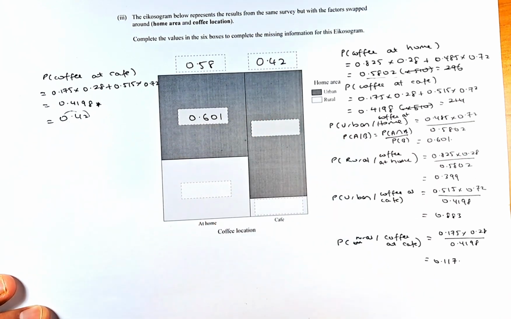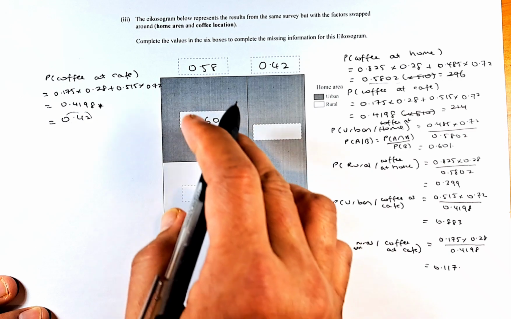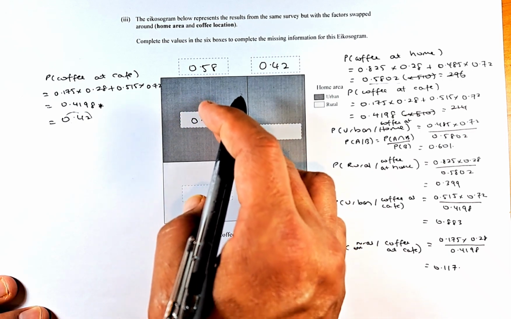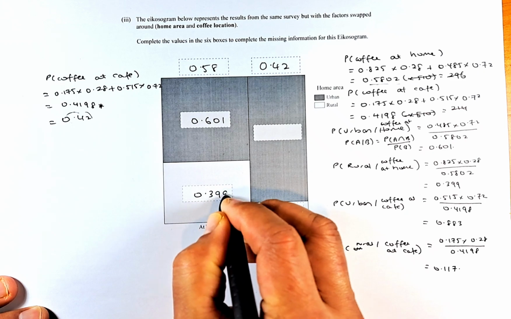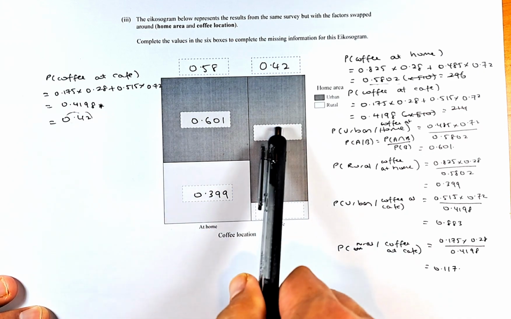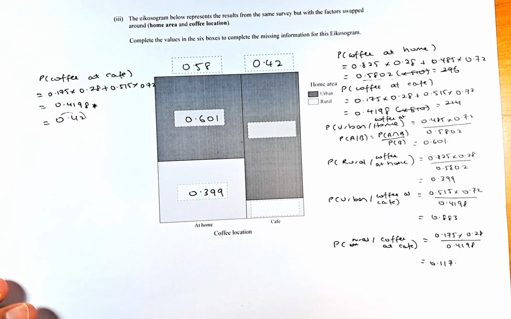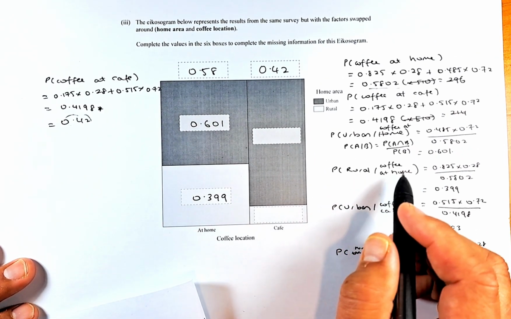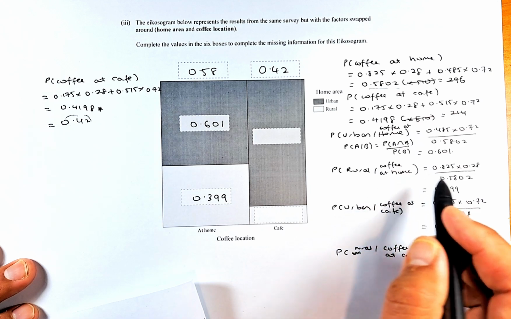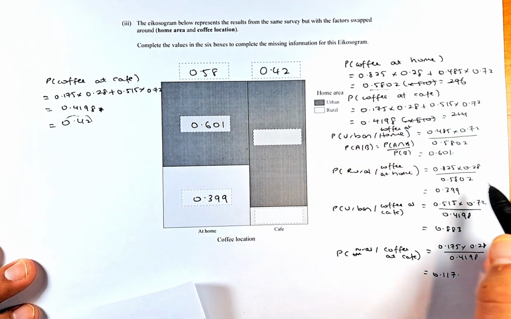So the number here is going to be 0.601. To get the next number, the at home one, you can take 1 minus 0.601, and you get 0.399. These 2 boxes must again add to 1. We can also calculate the probability of rural and coffee at home. Coffee at home we know is 0.5802.